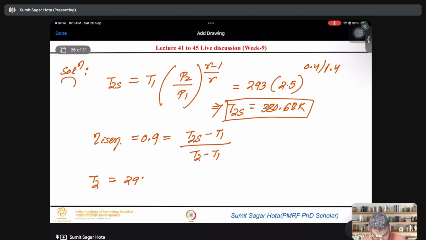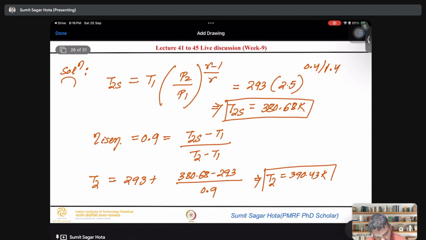T2 is equal to 293 plus (380.68 minus 293) divided by 0.9. If you solve, you will get T2 as 390.43 Kelvin. This is your answer of bit 1.